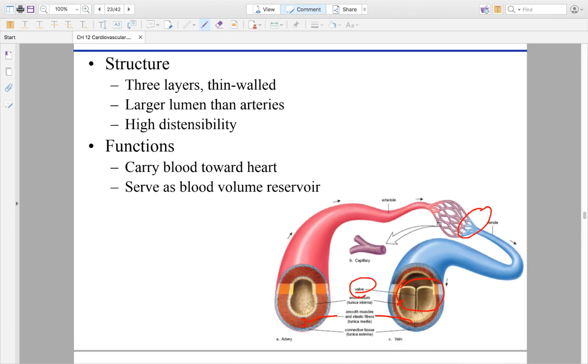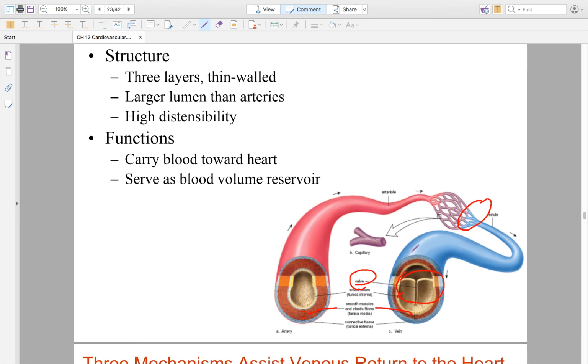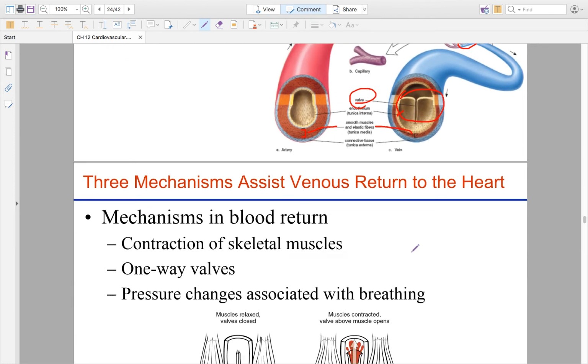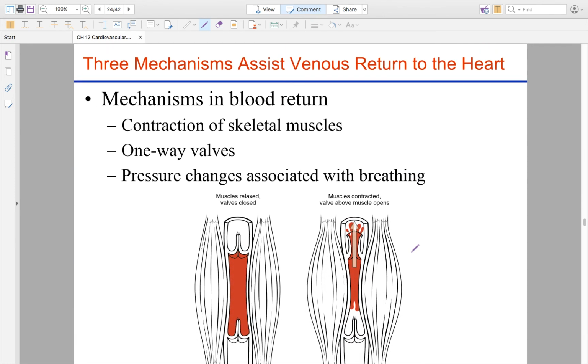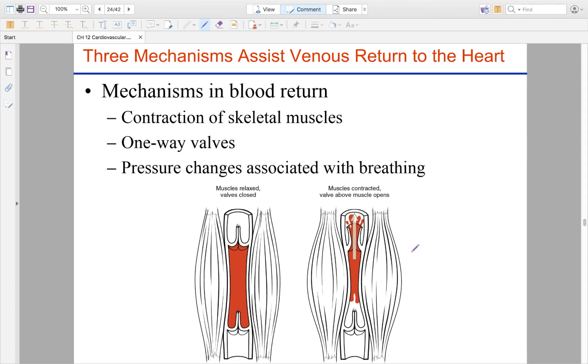Okay, so now let's review that. Aside from the anatomy, the structure, the function is to carry blood towards the heart. It's also a blood reservoir, and there are three mechanisms that assist veins in returning blood to the heart.